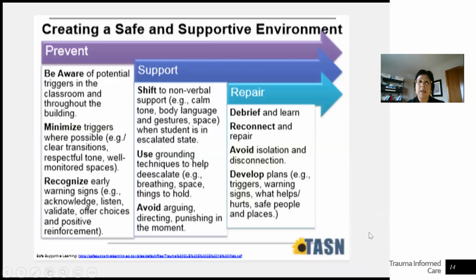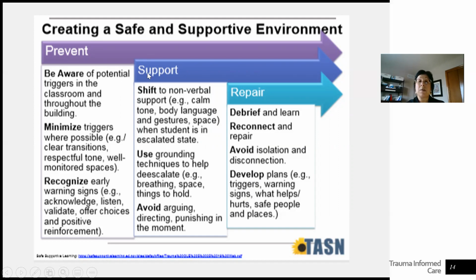Slide 14, this really just talks about, to be trauma informed, your school and your classroom has to move through these steps. So you're going to think about the triggers in your daily routine. You minimize them. You recognize early when they might be harmful to your students who have experienced trauma.